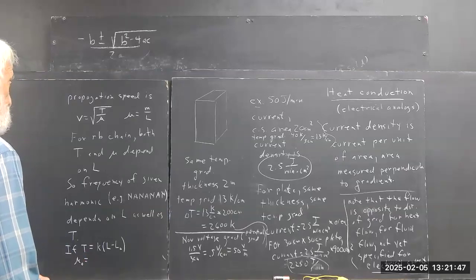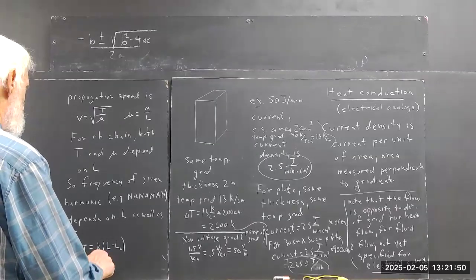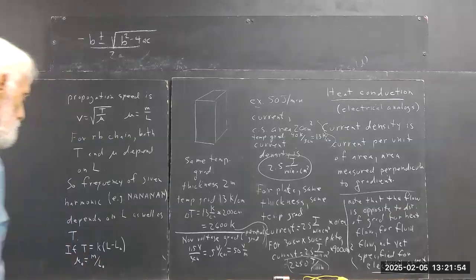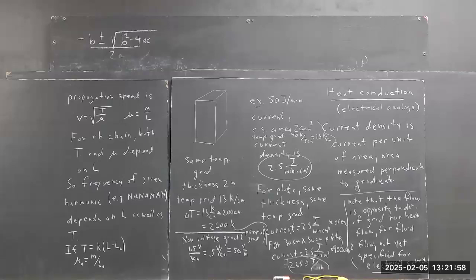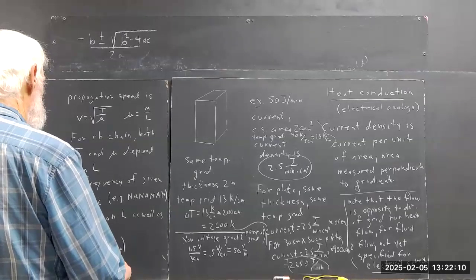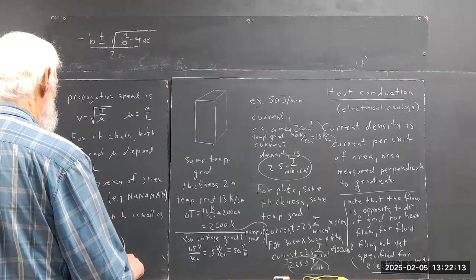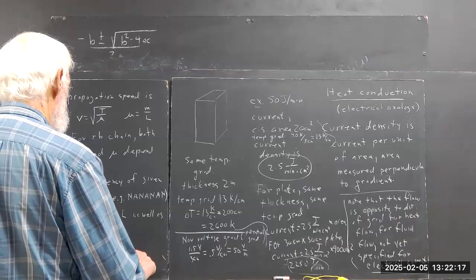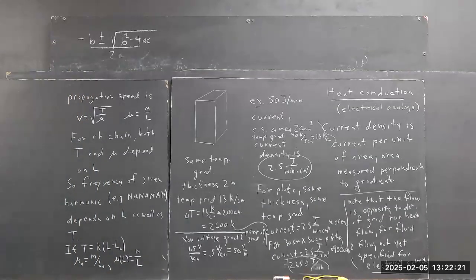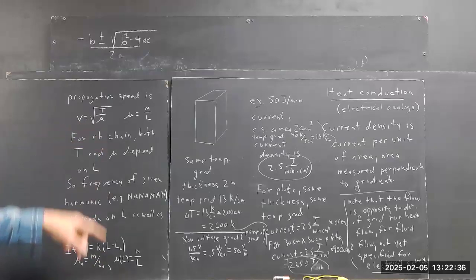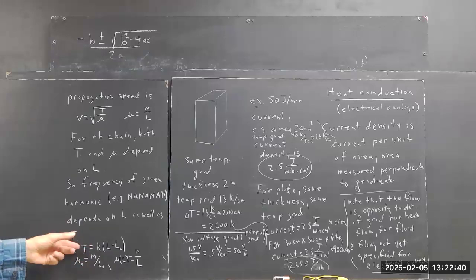and mu naught equals M over L naught, and mu of L equals M over L, then how does the velocity change as a function of two variables, tension and length?